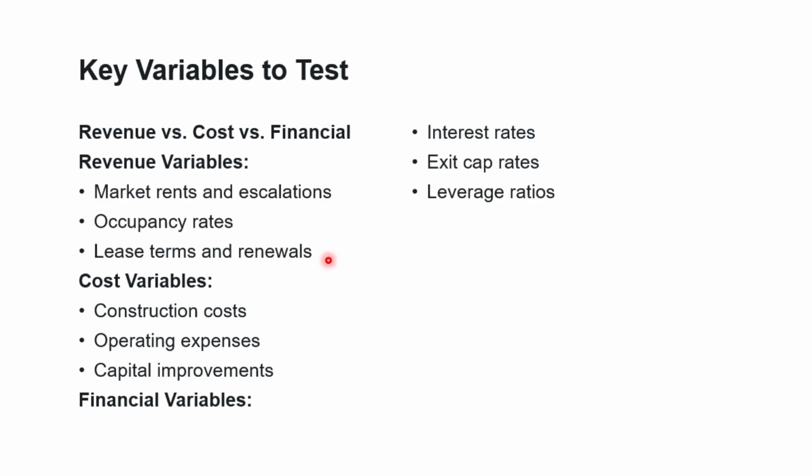Then we have cost variables, which include upfront and ongoing expenses. We have construction costs that can spiral out of control, especially in India's volatile commodity markets.